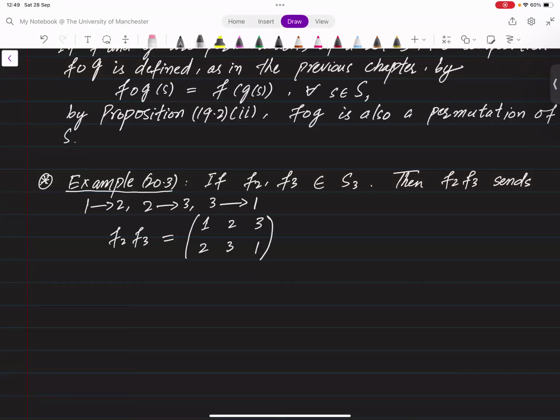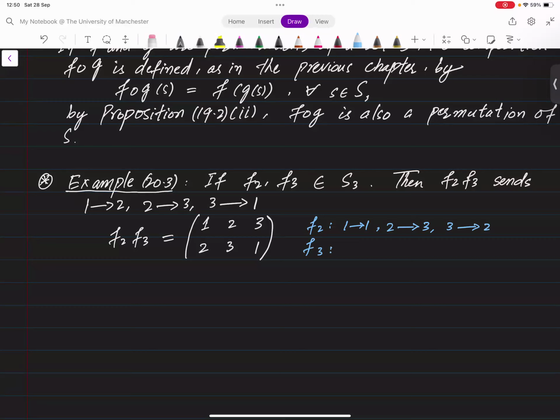Okay. How do we get this? So let's break it out even more. We are saying F2 is a function which was sending 1 to 1, 2 to 3, and 3 to 2.